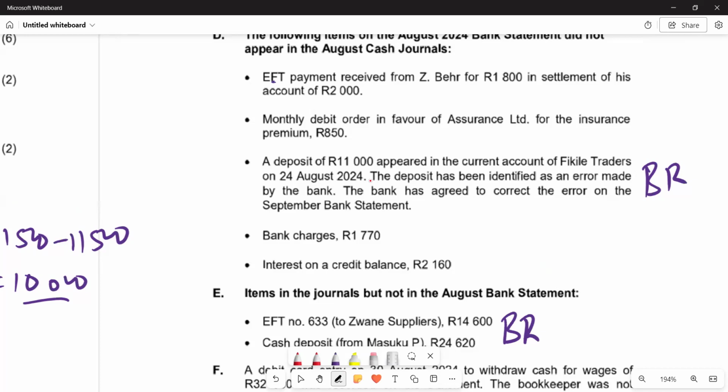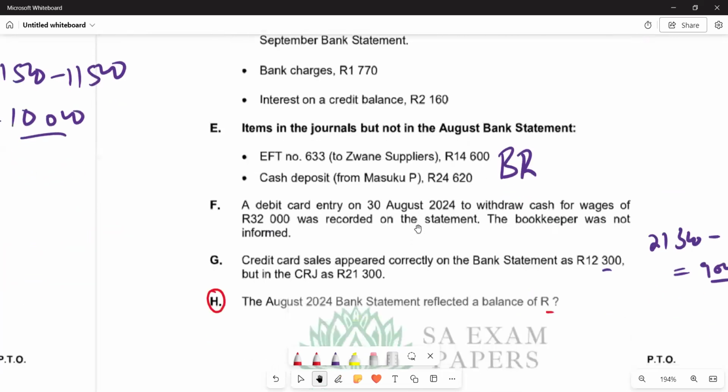So we have 11,000 that is on our bank statement, and it's a deposit, so it was on the credit side of the bank statement. So we need to remove that one. By removing, we debit it on the bank statement, so we are subtracting it. So we are just going to debit amount incorrectly credited. So we go to the answer section and correct that one.